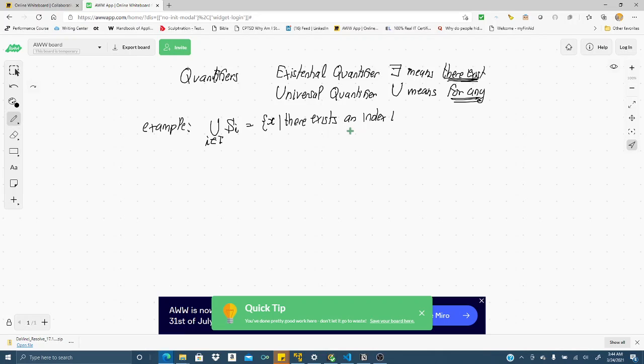I mean, there's an index i. Lowercase i is an index, belonging to capital I, which is a set of all indexes, such that all the x elements belong to the set S.